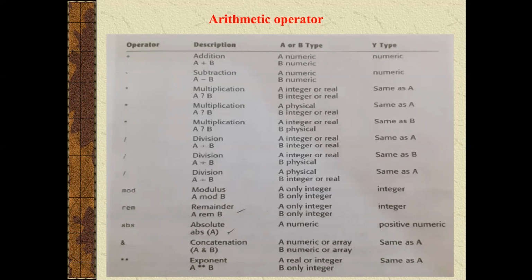Arithmetic operators can perform a wide variety of operations such as addition, subtraction, and division. An arithmetic operator operates on numeric and physical operand types, and the data types are those that can be measured in a unit and time.